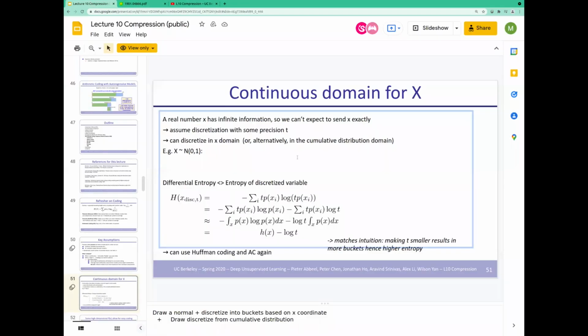But the question still remains: if you discretize it, can it still be lossless? Here x is the actual data that's coming in. If it's continuous, then there's no way to do actually lossless.